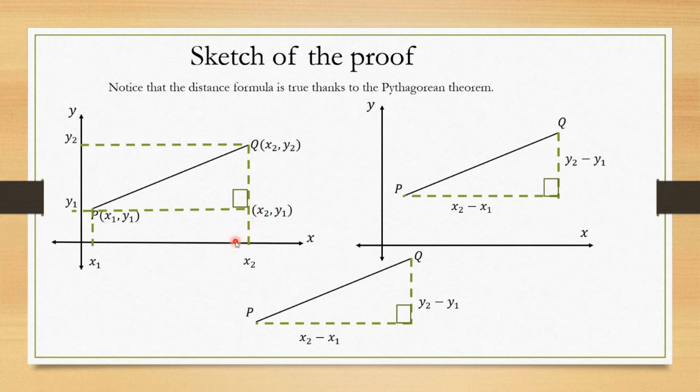How do I know that? Notice this line is vertical, and two points on the same vertical line segment, in this case a dashed line segment, have to have the same x coordinates. Two points on the same horizontal line segment, this one on the horizontal line that passes through P, both have to have the same y coordinates.